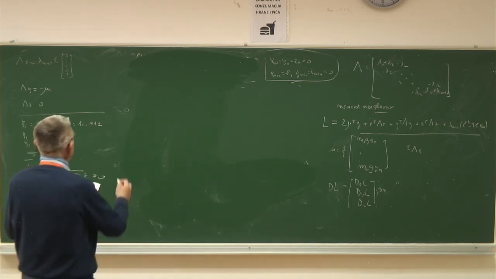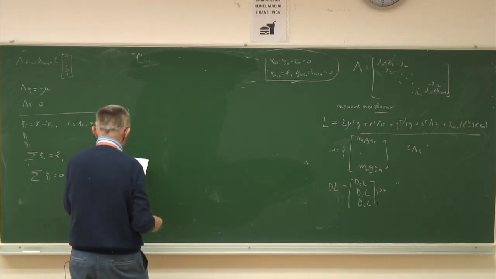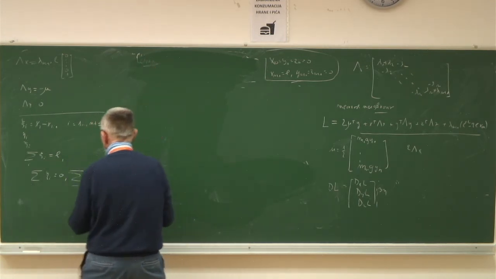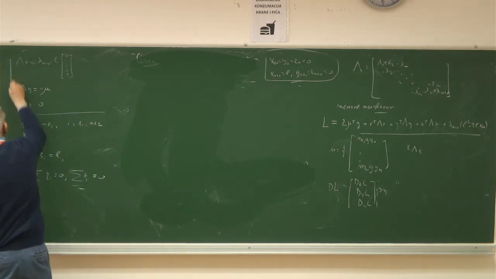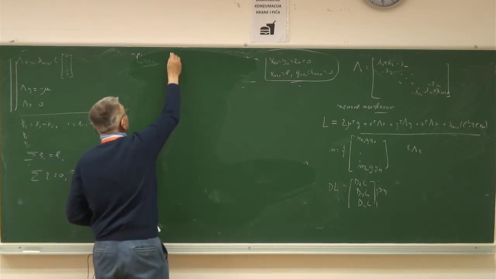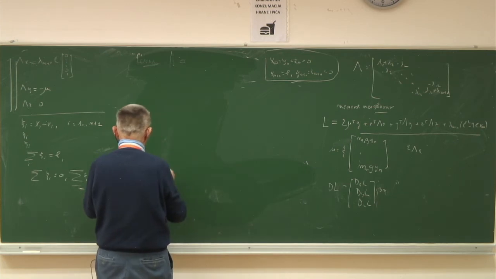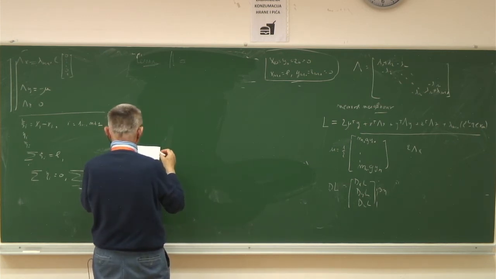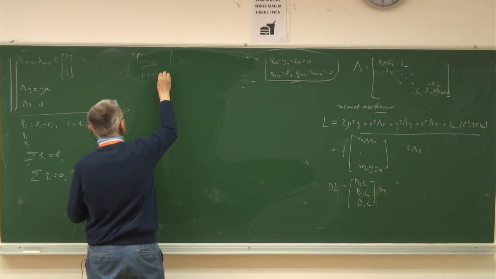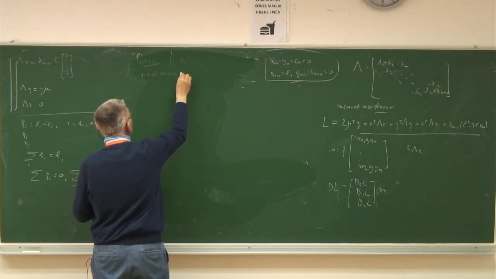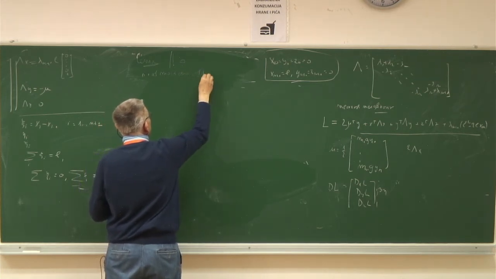So there is a lemma. It says, if we have a stationary point, this implies, first, at most one of the lambda_i vanishes.